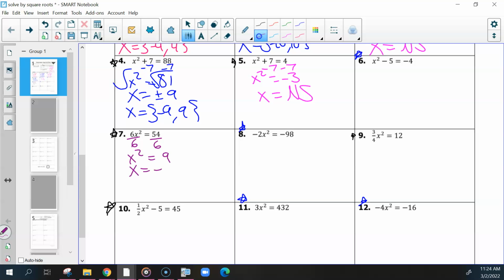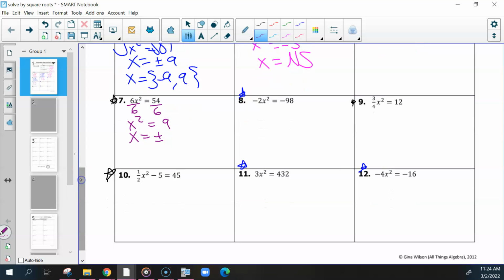So x equals plus or minus 1, 2, 3. So x equals negative 3 and positive 3. Let's skip to 9.